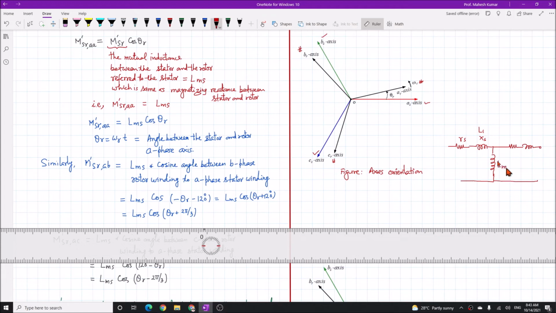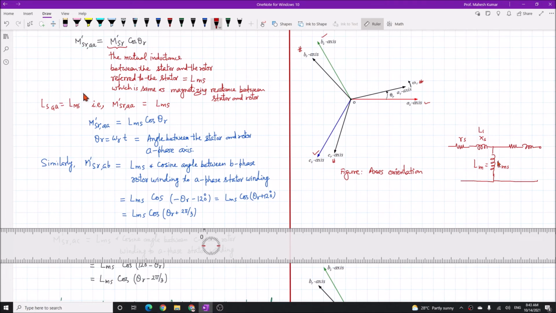This is LMS in fact. We have called it earlier LM, which is also LMS, the mutual inductance between the rotor and the stator circuit of the same winding. So this LMS is the value of MSR-AA when the two windings are aligned at the same angle. For example, in case of the stator, LSAA is actually LMS.